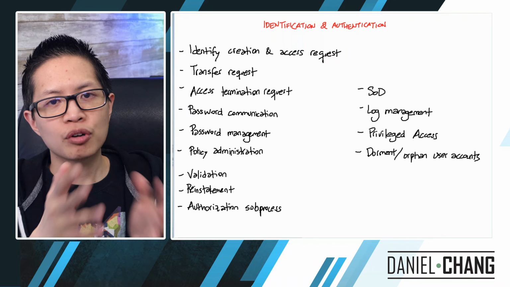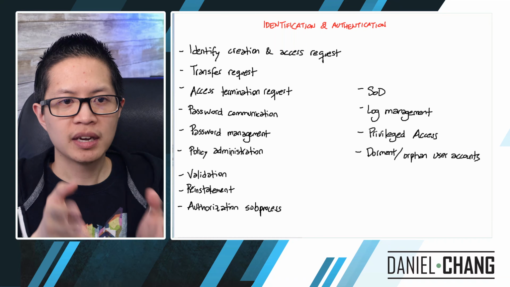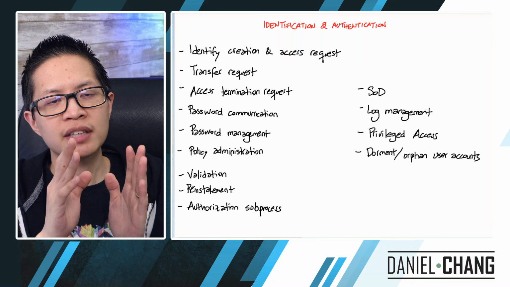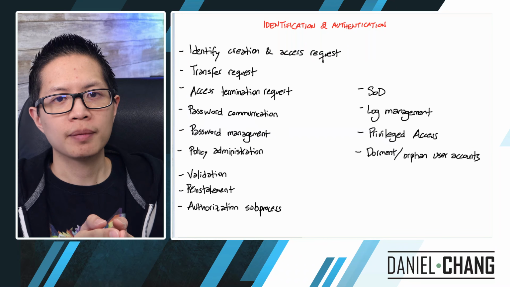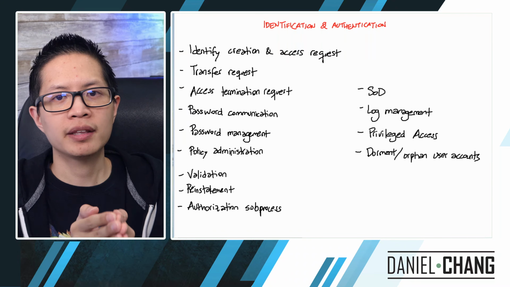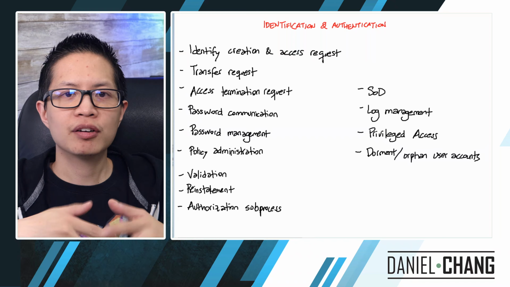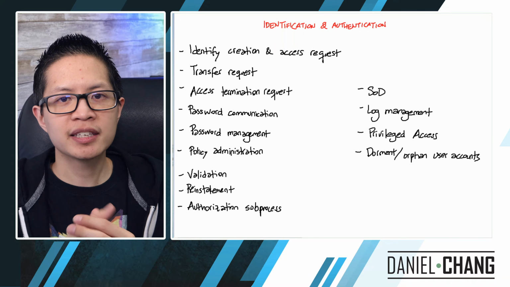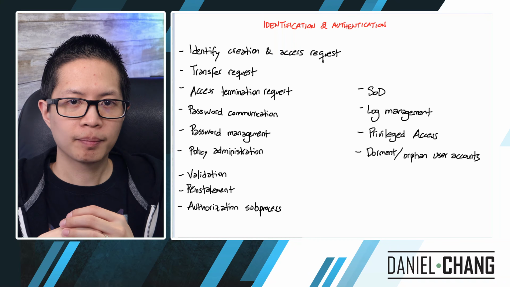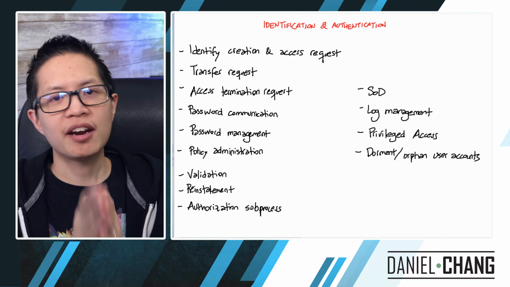All of these controls and risks are part of how you not just identify and authenticate an account, but also make sure that they have the correct and appropriate access, because the major risk is that someone has more access than they should.